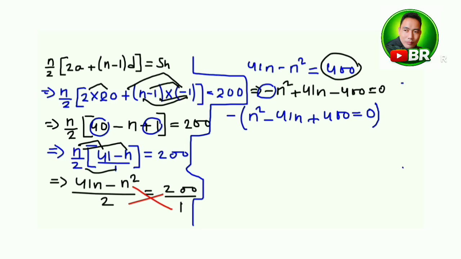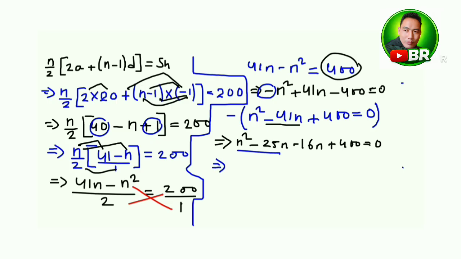Now by splitting the middle term, we can solve this equation like this: n square, and minus 41n can be written as minus 25n minus 16n, plus 400 equal to 0.